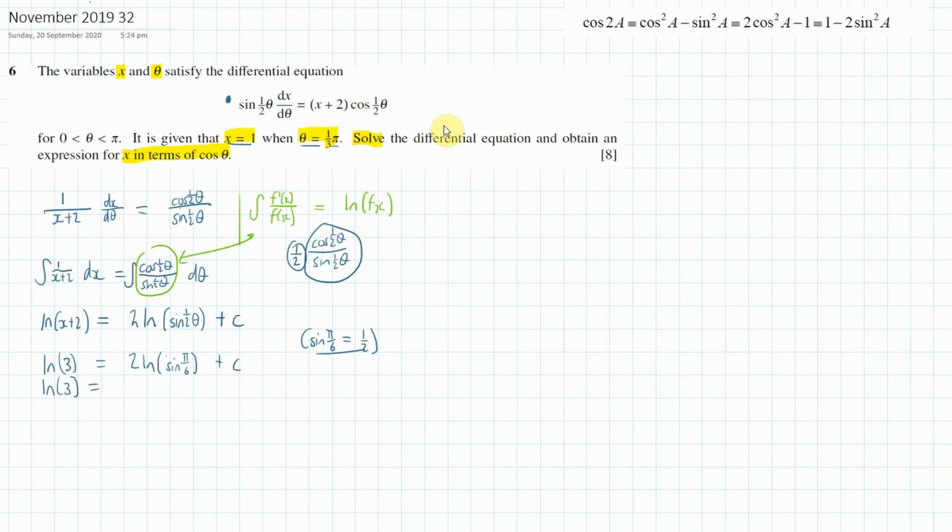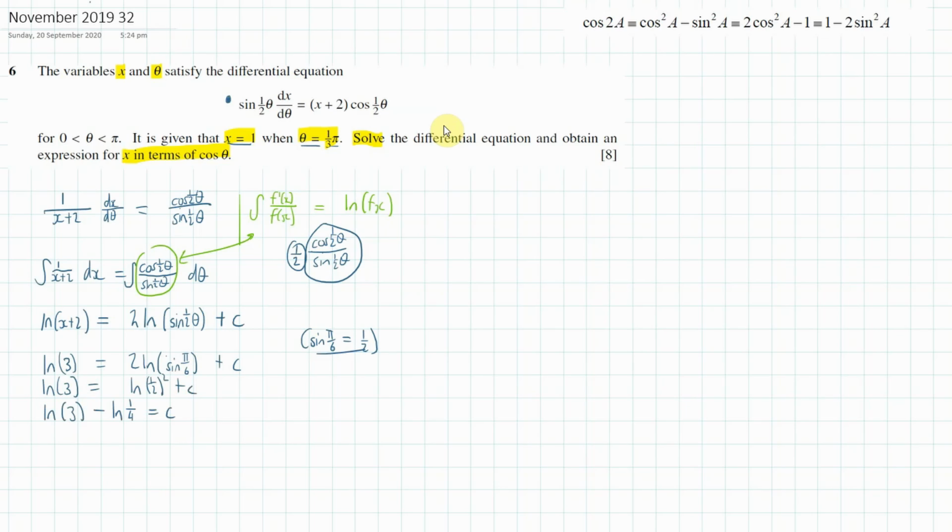Okay, so I'm going to use this. It'll be ln 3 equals 2 ln 1/2 plus c, which is ln 1/2 squared plus c. So next line, ln 3 minus ln 1/4, because of course 1/2 squared is 1/4, equals c.